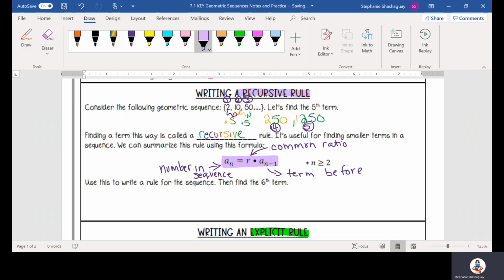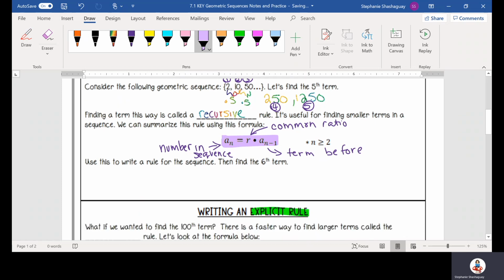And you may see a question like this on the EOC in the form of identify the recursive formula for this sequence. So use this to write a rule for the sequence, then find the sixth term. So we're looking for the sixth term, so we're going to write a sub 6.